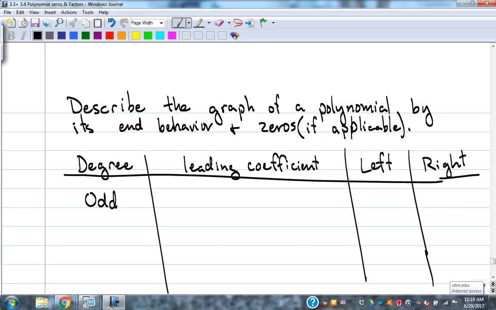It means the highest exponent is an odd number, like 3, 5, 7, something like that. Doesn't matter what it is. The highest exponent in the problem is an odd number, and the leading coefficient is positive. So the number in front of the x to the third is a positive number. The left side of the graph will go down. The right side will go up.